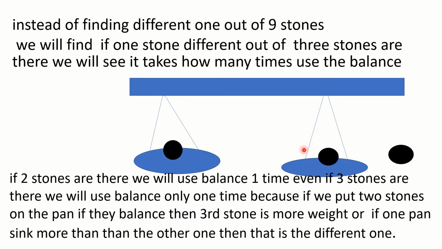If these two are balanced, meaning nothing goes down or up, then the third one is the odd one. If some stone goes down because of overweight, then that stone is the different one. So by one weighing you can find the odd one out of 3 stones, right?